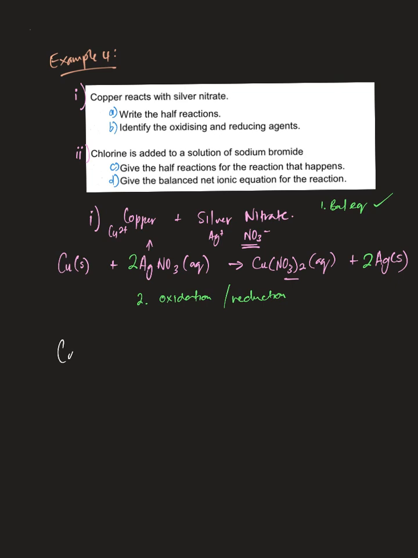So I've got Cu plus 2AgNO3 gives me Cu(NO3)2 plus 2Ag. Right, let's have a look at oxidation numbers. I know for the copper it's going to be 0. For the AgNO3, let's look at this situation.